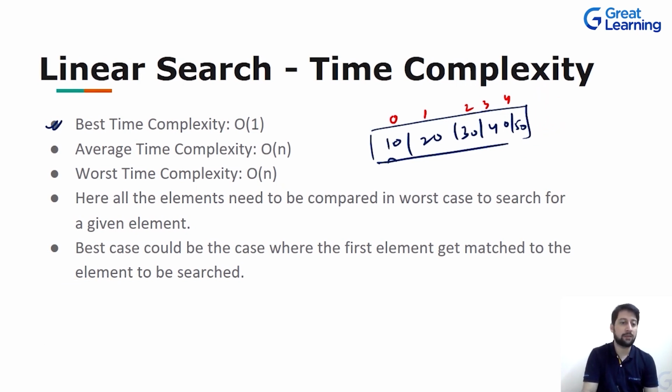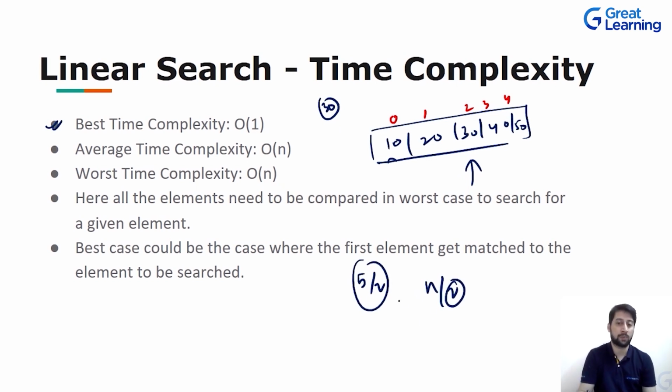Okay, so now you're looking for an element which is somewhere around the middle. In this case you're looking for 30. If you observe, you are only iterating half of the elements, that is n by 2, and since constants do not play any role when you're talking about time complexity, the average case still boils down to big O of n.